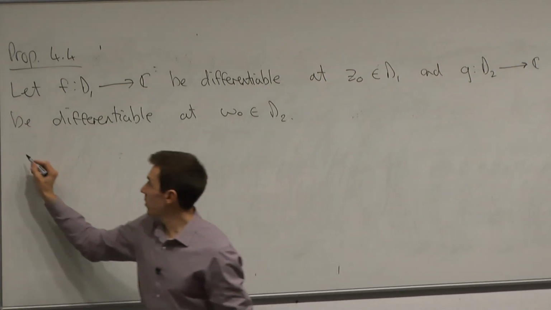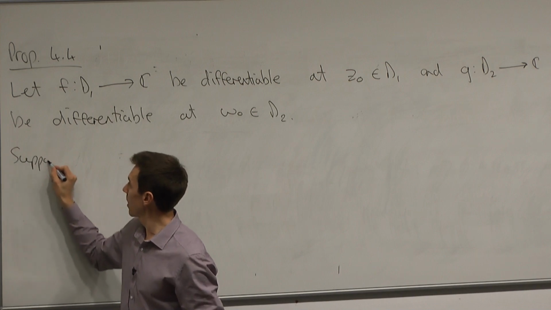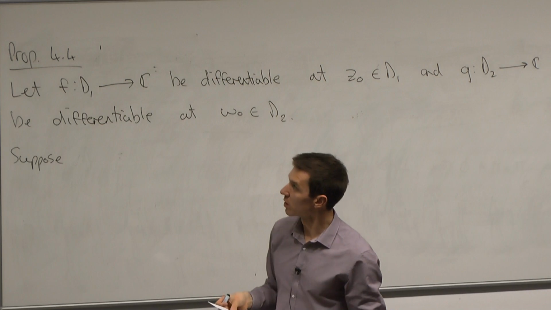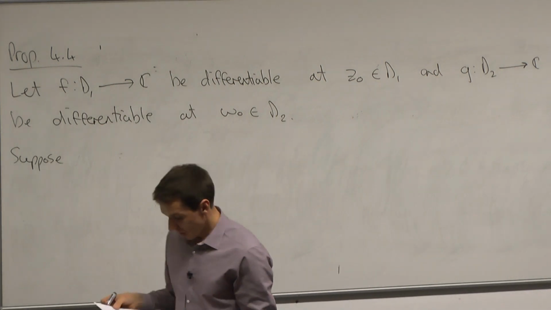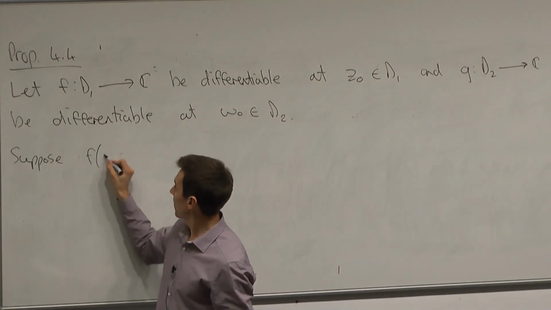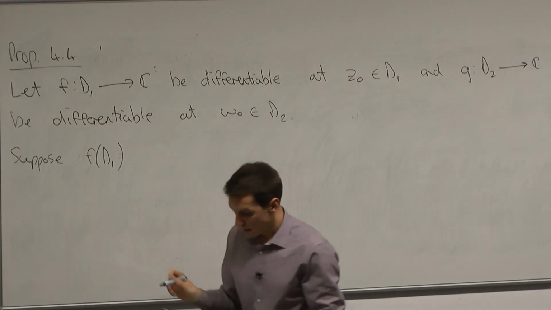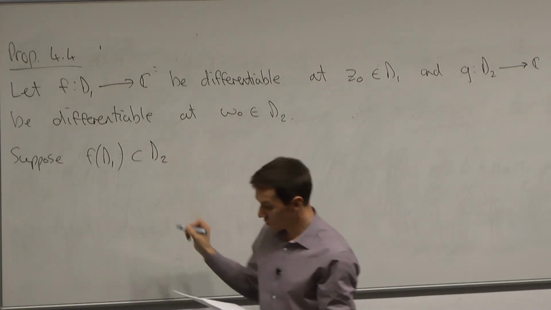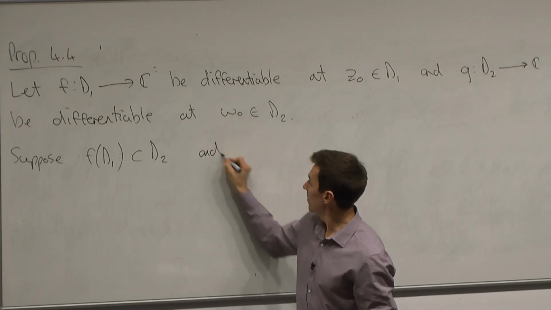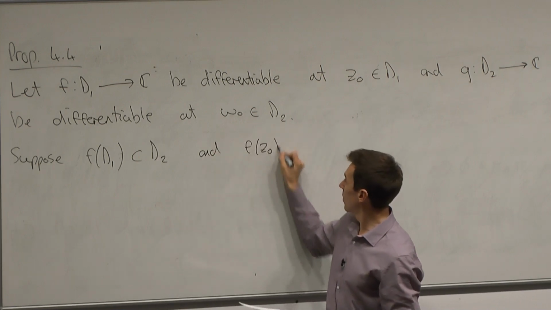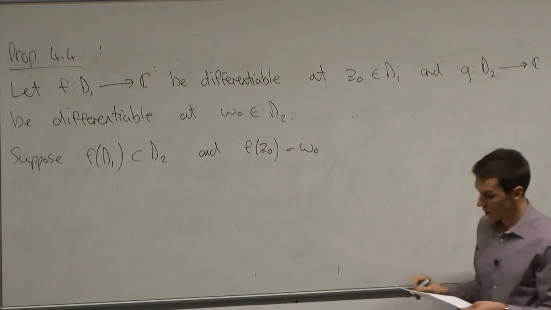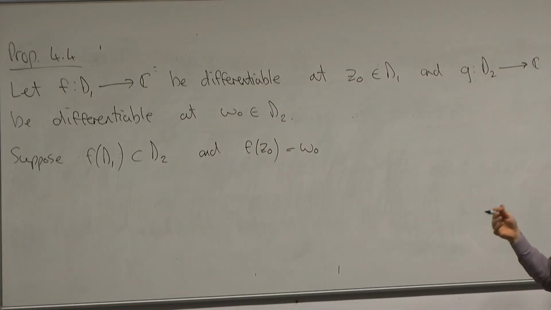Right, but further, we need the following conditions so that we can define the chain rule. Right, so suppose that f(D1) is a subset of D2 and f(z0) is equal to w0. So we must have this so that we can define the composition, yeah?